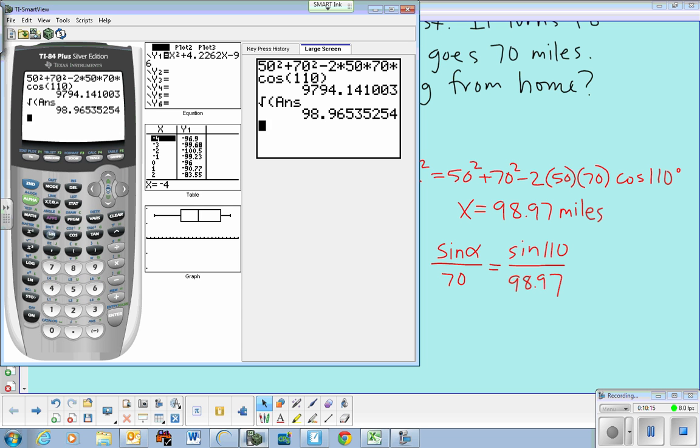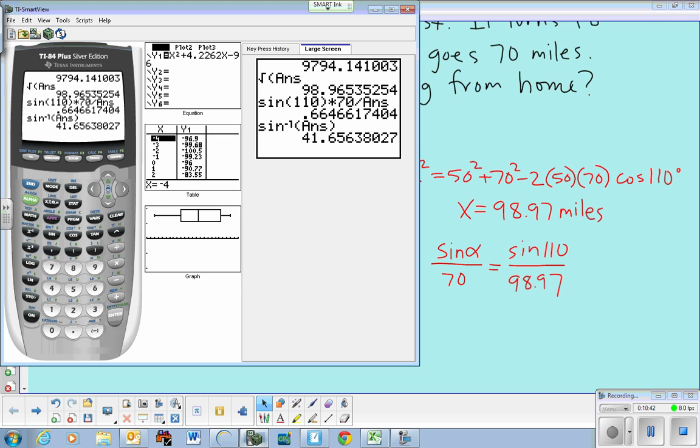So I want to go sine of 110, close parentheses, times 70, cross multiply, and I'm going to divide by the answer because that full decimal is still the answer right above. And I get 0.6646 and going on. And then sine of alpha equals that, so inverse sine of that number will be my angle, and it's 41.7 degrees.